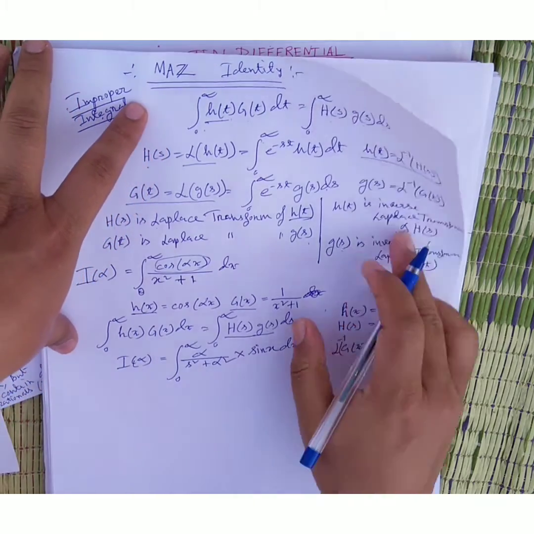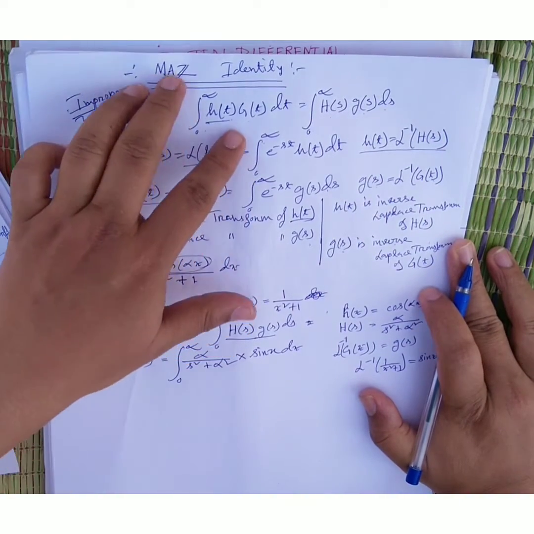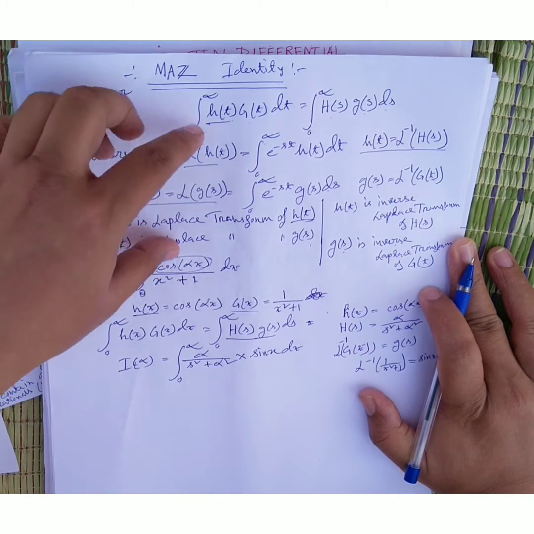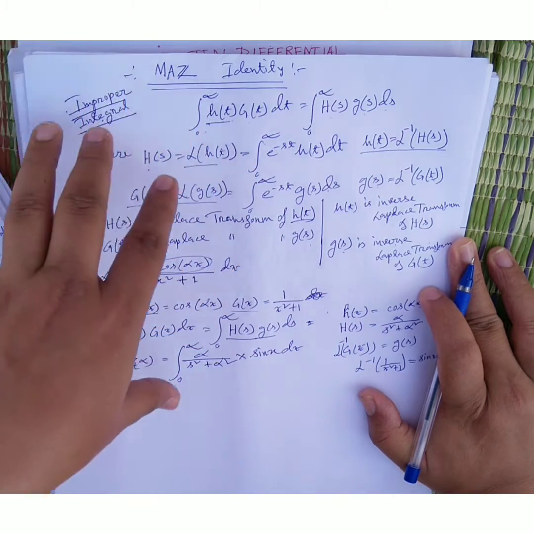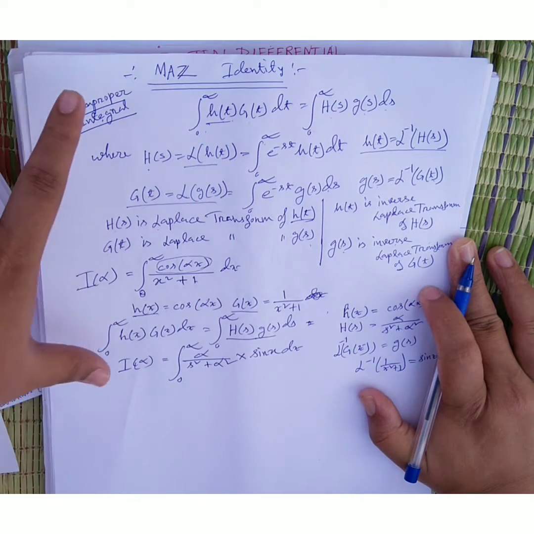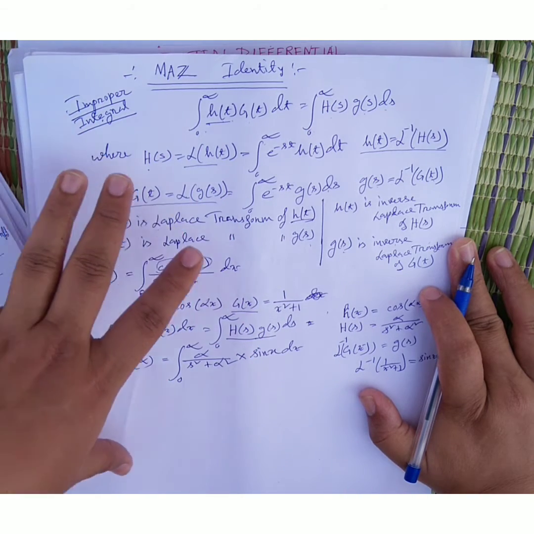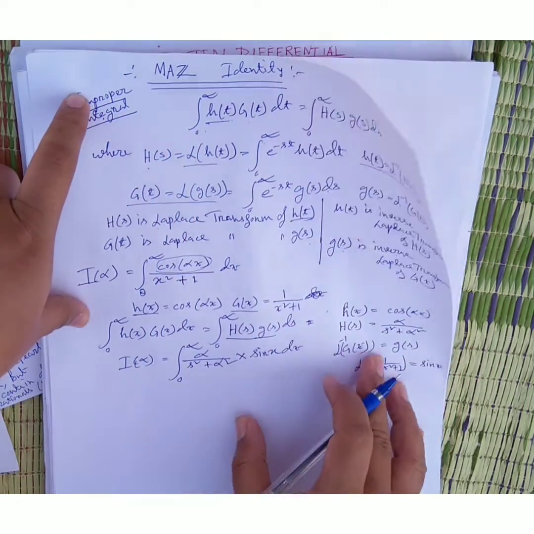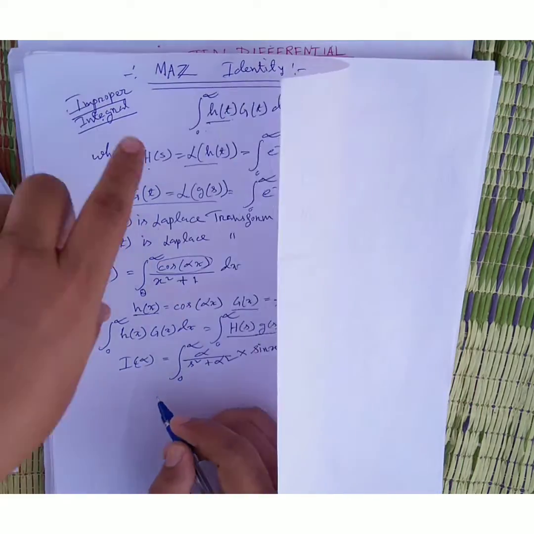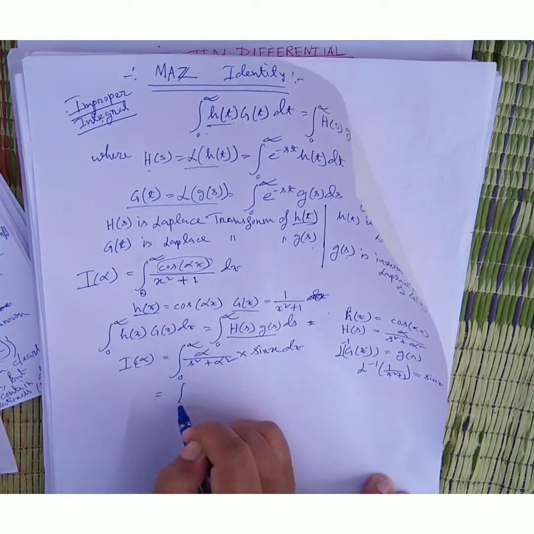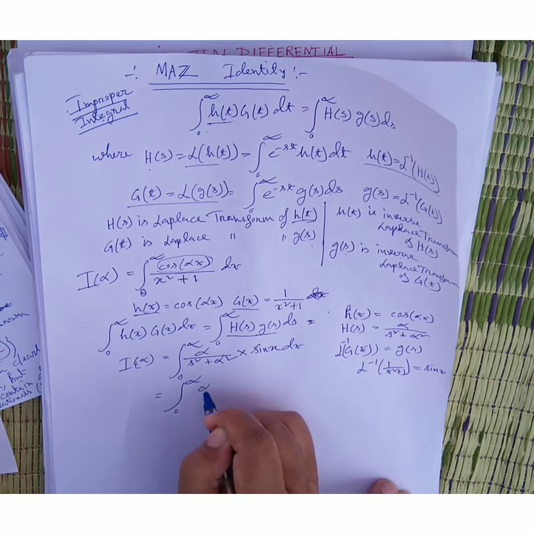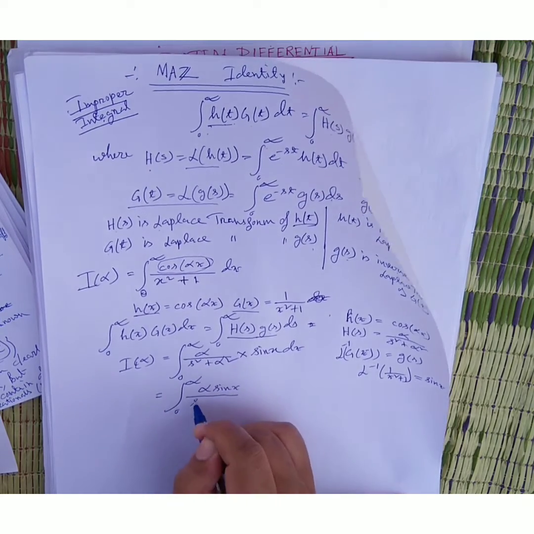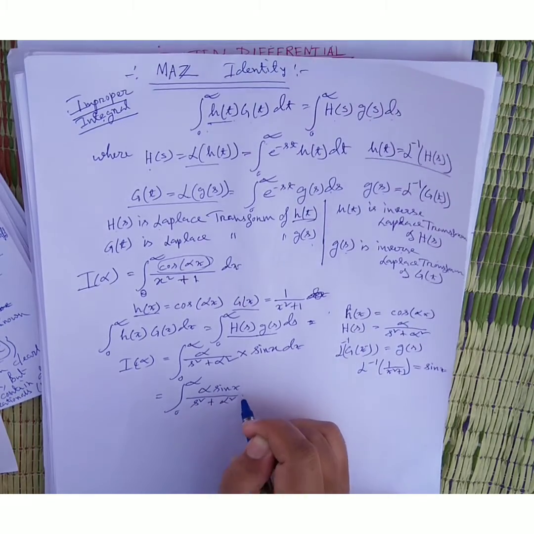A technical master invented this technique. This identity helps a lot with improper integrals, and we can use it in many improper integrals. So I used it here, and this is the value: the integral from 0 to infinity of alpha into sin x divided by s square plus alpha square dx.